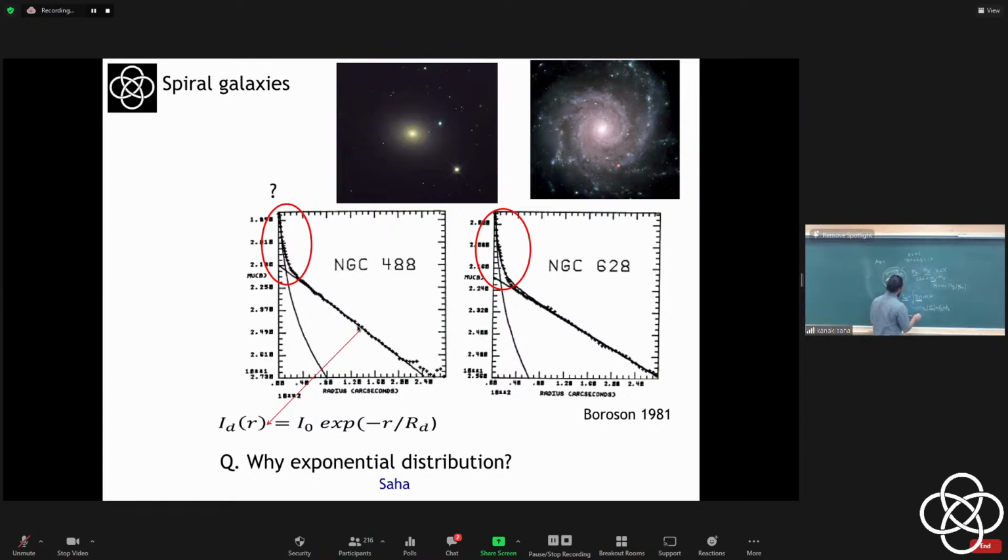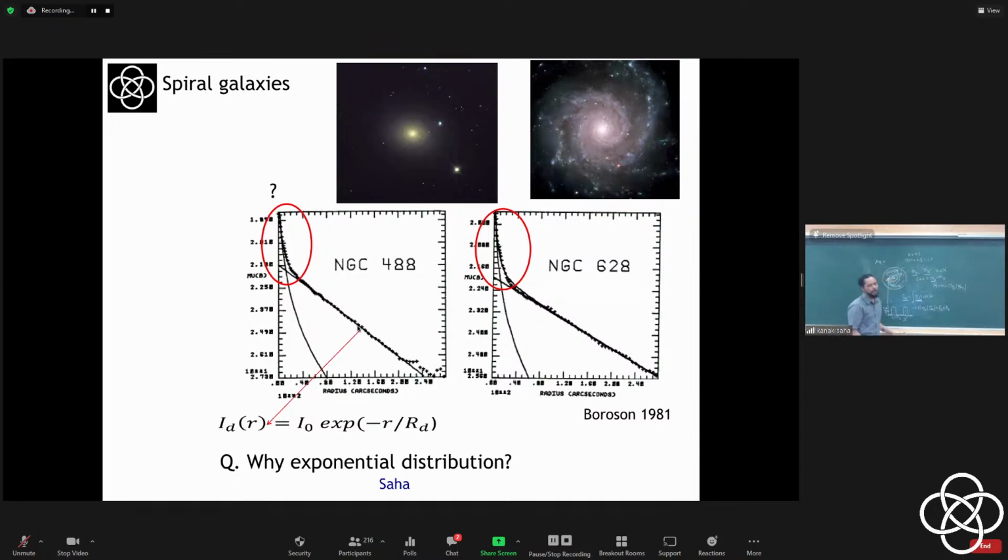Once you calculate I(R) in this fashion, you can plot it, and the exponential distribution is very easy to see. Imagine I_D(R), and if you take the log10 of that, it should be basically proportional to minus R, with a constant slope.